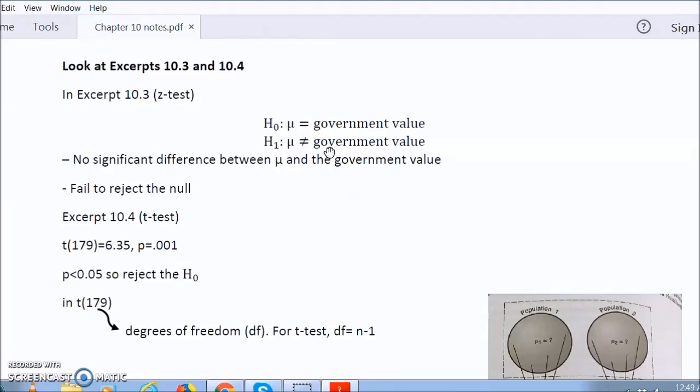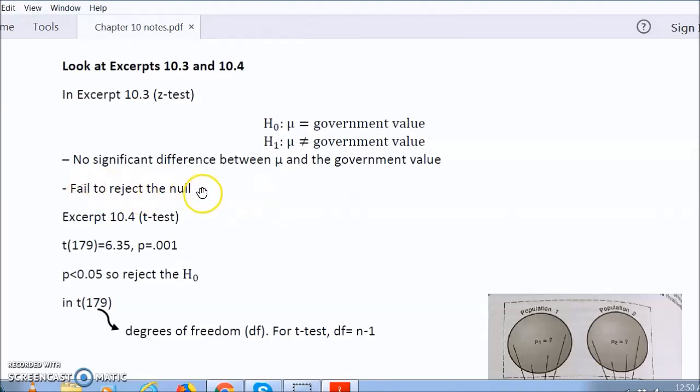If you look at it, it shows you that z equals 0.90 and p equals 0.366, which means that your p is not less than 0.05, and hence there was no statistical difference seen between the mu, that means between the value collected and the government value.